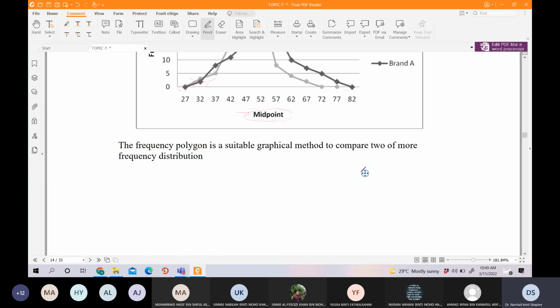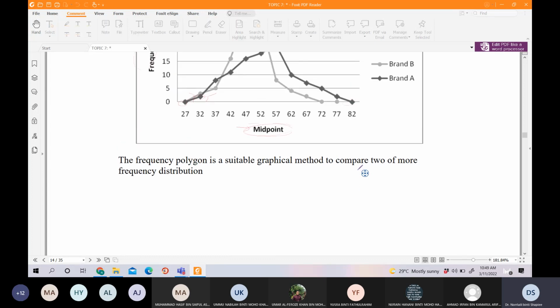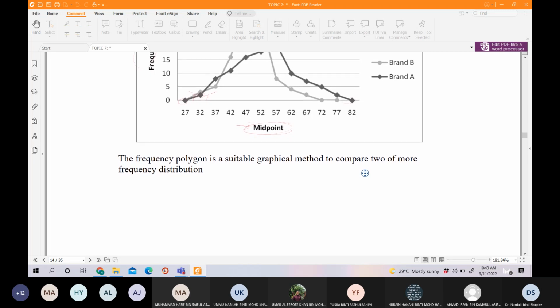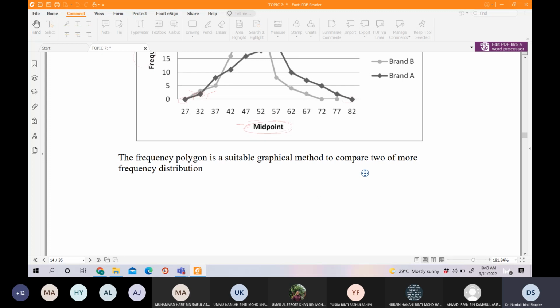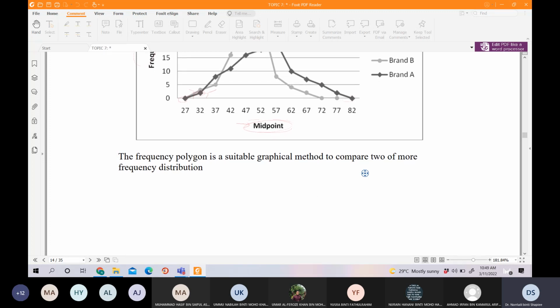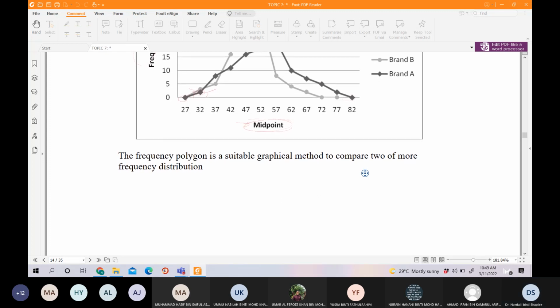So, why do we need to learn about the frequency polygon? Kenapa kita kena buat frekuensi polygon?